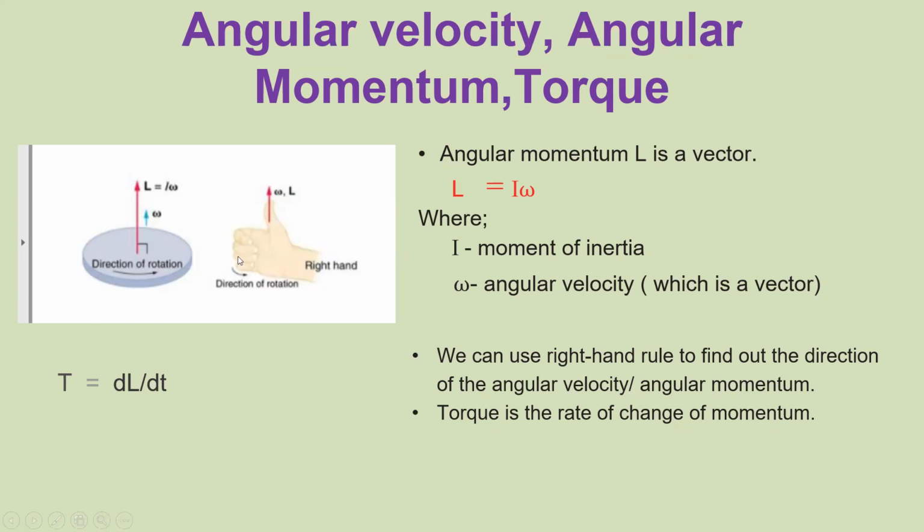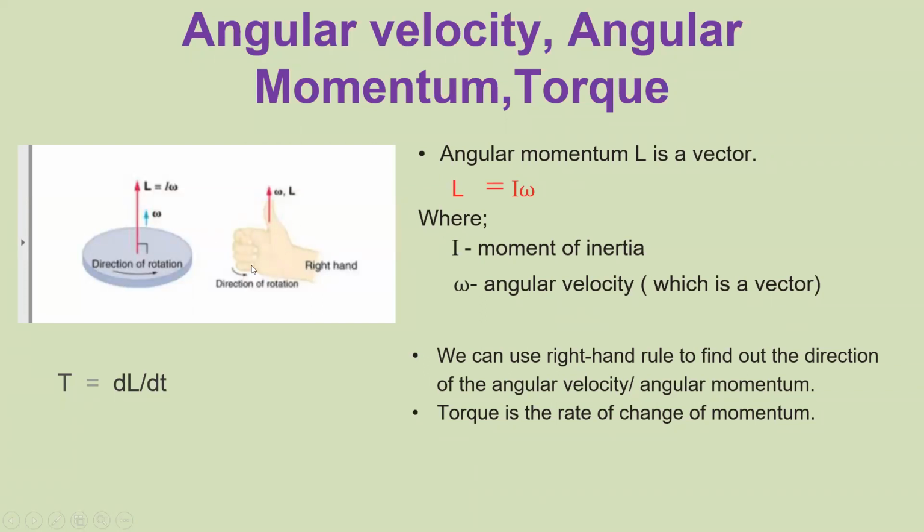So if this one is rotating in an anti-clockwise direction, you get the direction of the angular velocity omega, or the angular momentum capital L, in this direction. So it is perpendicular to the plane of rotation of the object, right?